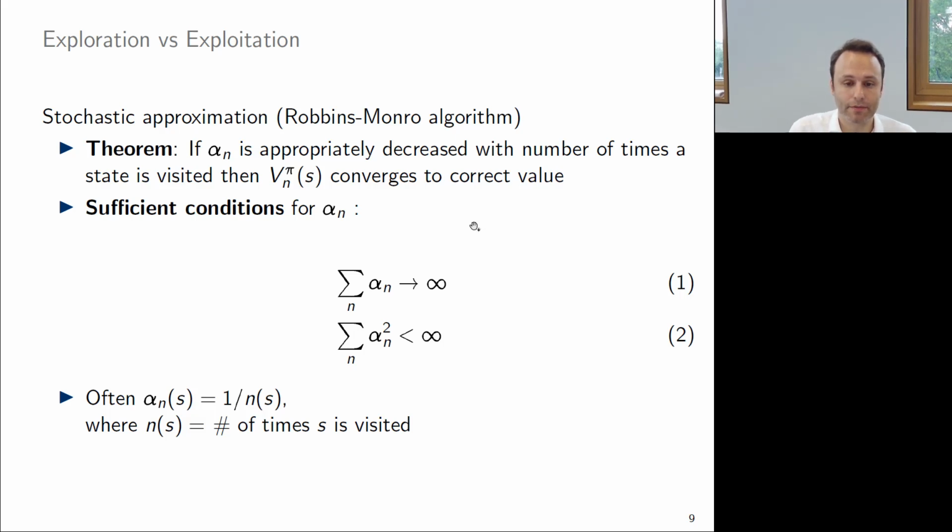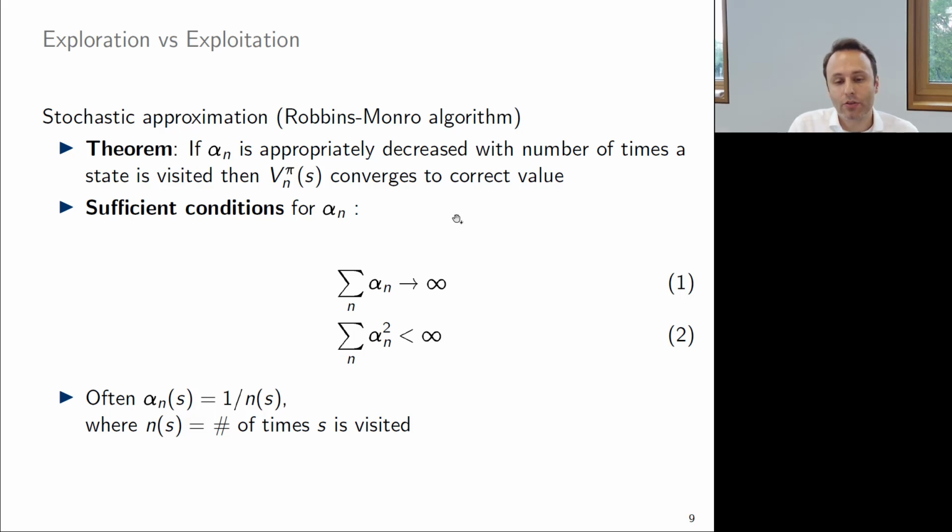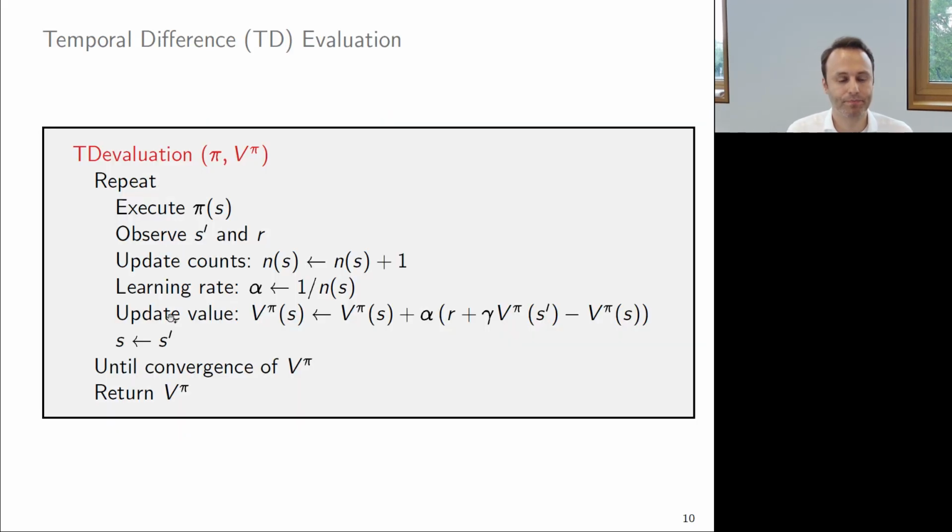Otherwise, if we stop learning, if that alpha would be 0, then we do no correction anymore and we don't learn. So our value function doesn't change anymore. But also the square of those learning rates, if we sum that up, that should be still finite. So we should also learn less and less and less. So as mentioned before, the learning rate is typically based on the number of times we visited a given state.